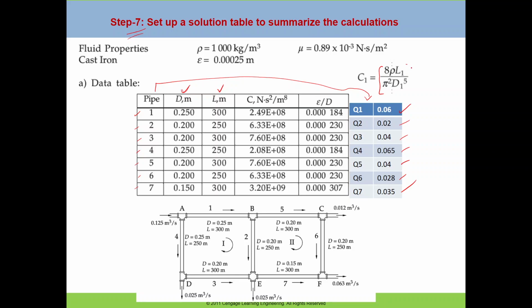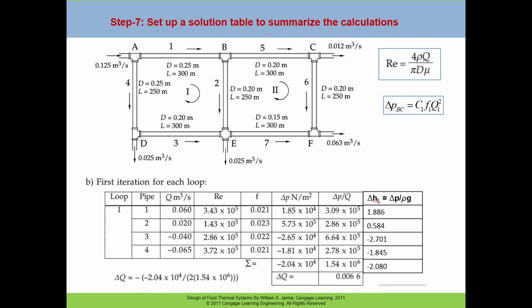So this factor we can find, because when we calculate ΔP later, we can directly use this factor, which is C multiplied by F multiplied by Q squared. That can be written for any line element. So these are our D and L values, these are our C values, and these are our epsilon over D values. So we can prepare this table.